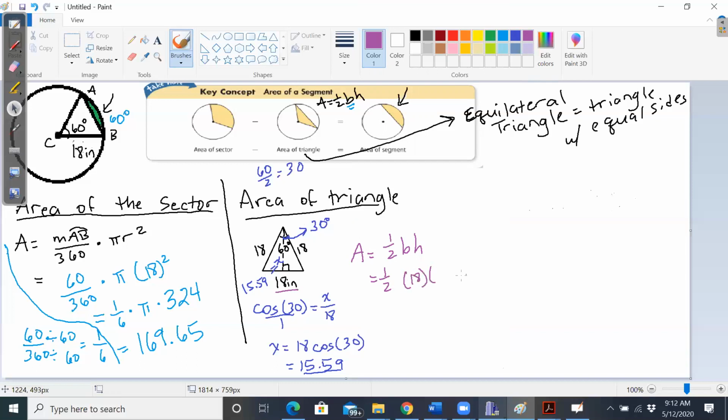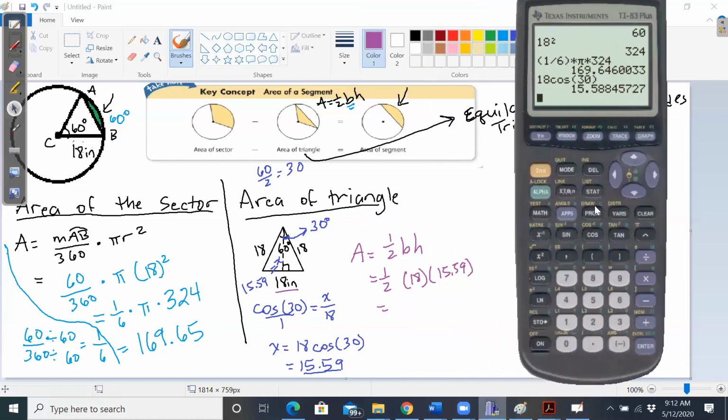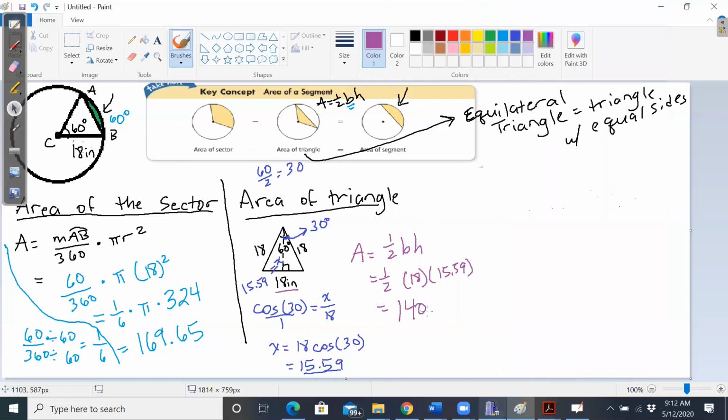The height is 15.59. With the calculator again, you multiply: 1/2 is the same as 0.5, times 18, times 15.59. That's going to be 140.31.